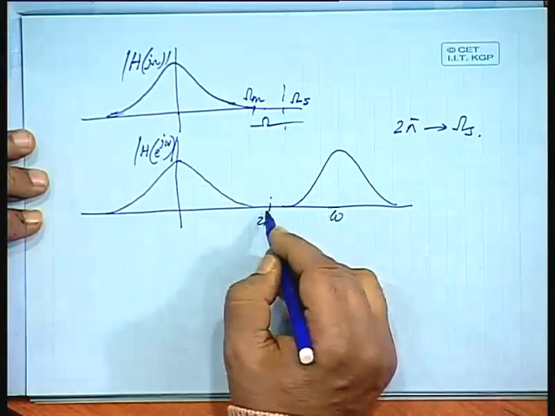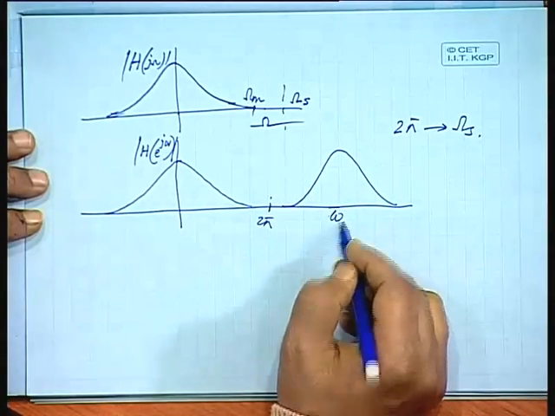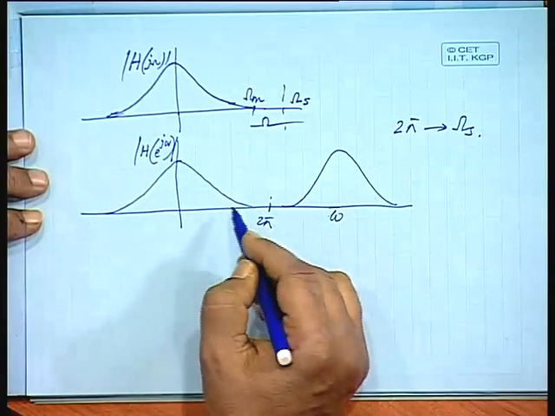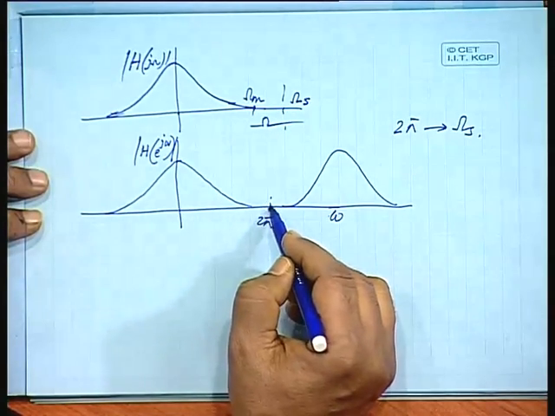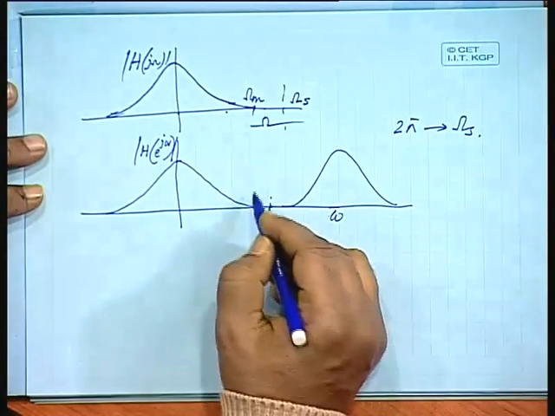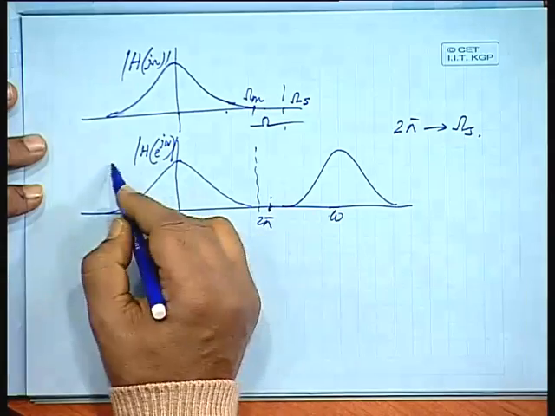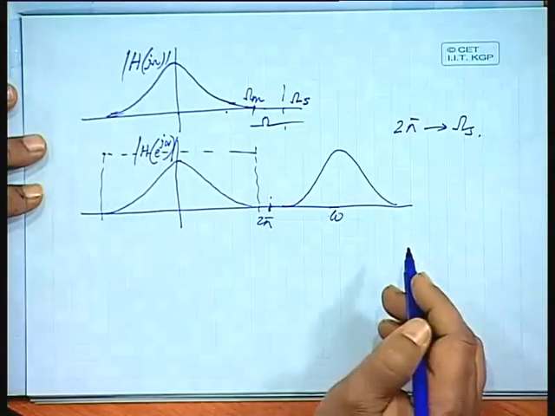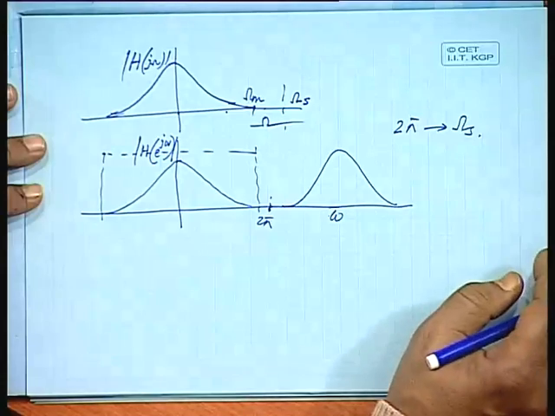You can always convert this to radian per second, that is analog frequency, and hence from a given frequency domain response in the discrete domain of time, we can always get back to the analog domain response by filtering this in the baseband and then taking inverse transform.